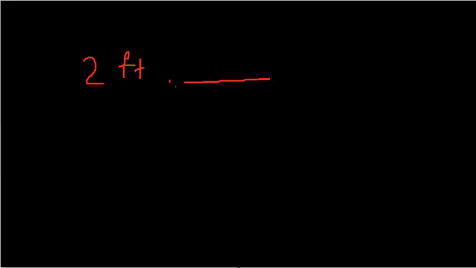Every time that I set up my ratio, I'm going to take the unit that I have and put it in the bottom of my ratio, and the unit that I want in the top of my ratio, and then fill in the appropriate numbers. For example, there are 12 inches in 1 foot. I have now set up my ratio, and now I can multiply the 2 feet that I have by that ratio of 12 inches to 1 foot and get the answer that I want.